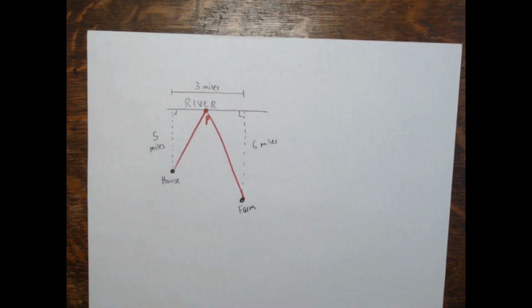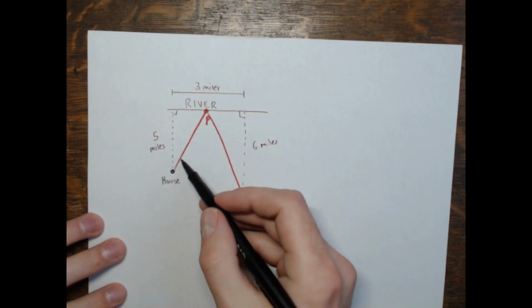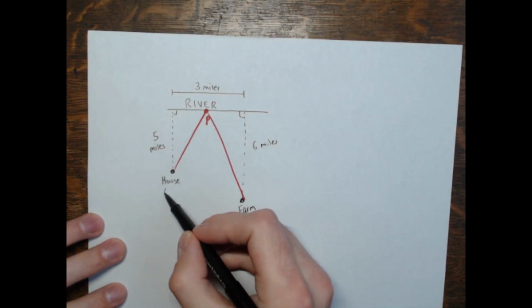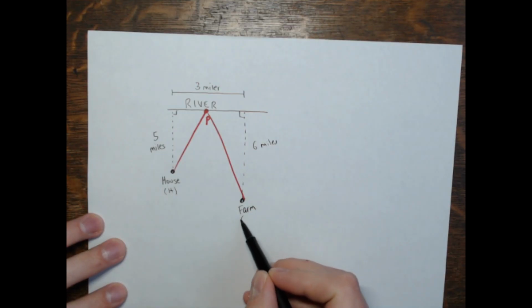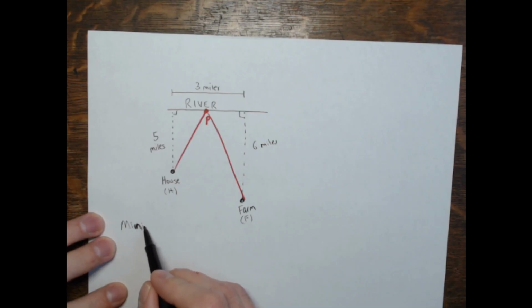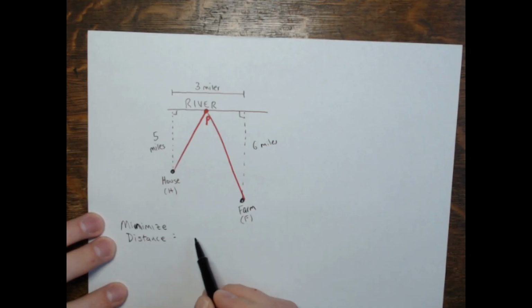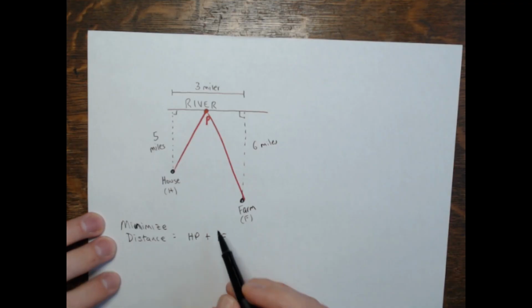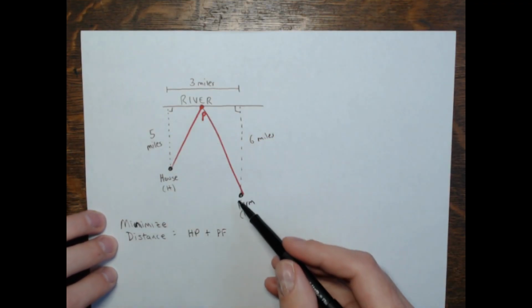So find the minimum distance possible. So again, I'll just call this point H for house and this point F for farm. So we're trying to minimize the distance from H to P plus P to F, right? That segment there plus that segment there.